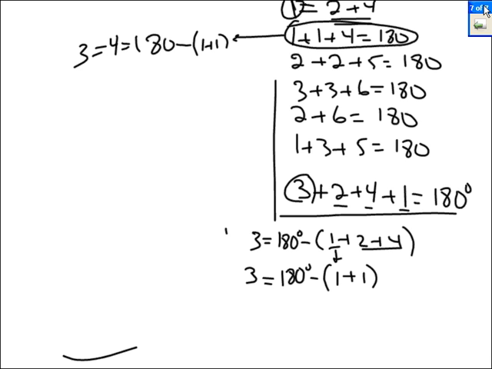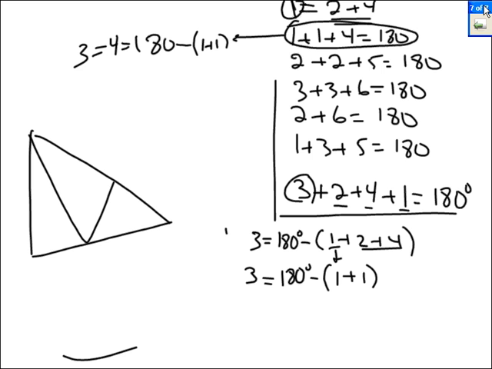Now, this is where I get destroyed for erasing my diagram. 1, 2, 3, and 4. I suspect I call this 1, 1, and that 4. And then 2, 2, and 5.